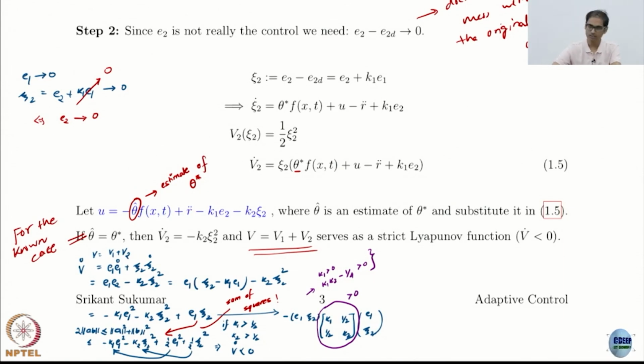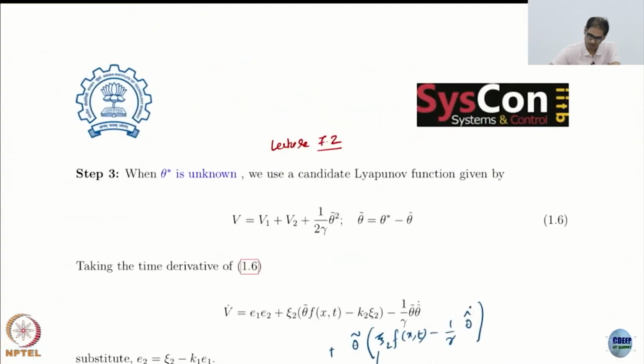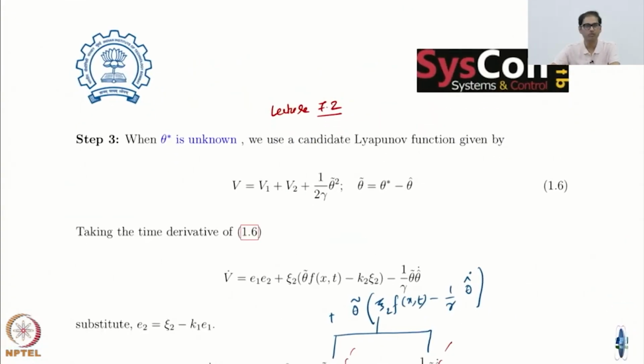Typically in deterministic systems, where no probabilistic quantities come in, estimates or observed states come from stability requirements, not optimality requirements. So what is the stability requirement? We want to drive e1, e2 to 0. We want to be able to track even if we don't know the true value of the parameter.